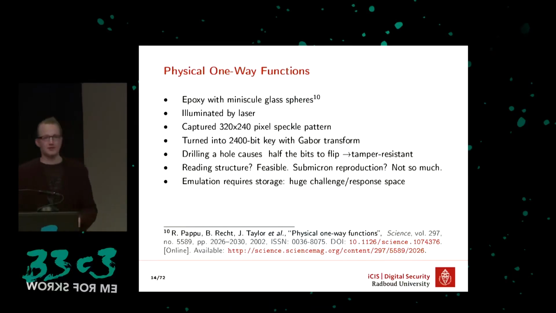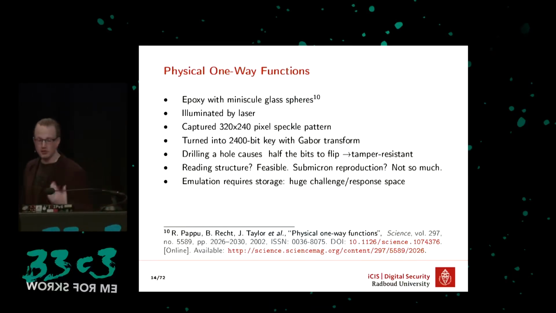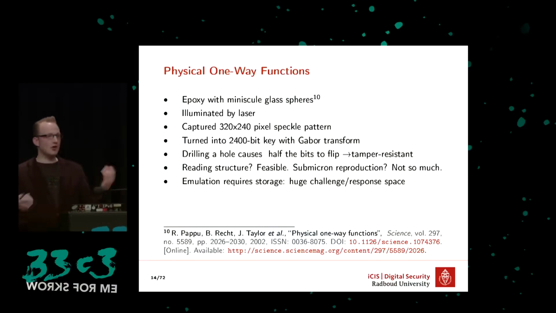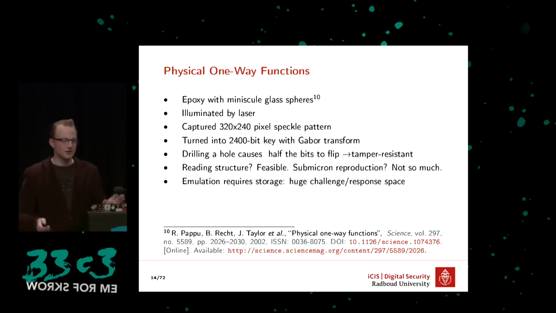You also can't build a database of responses to challenges, because imagine that the challenge to this structure is a laser at different orientations, like I can say laser under an angle of 5 degrees or 10 degrees or 20 degrees, and at different locations. And all those responses will be different. So this challenge response space is infeasibly huge.